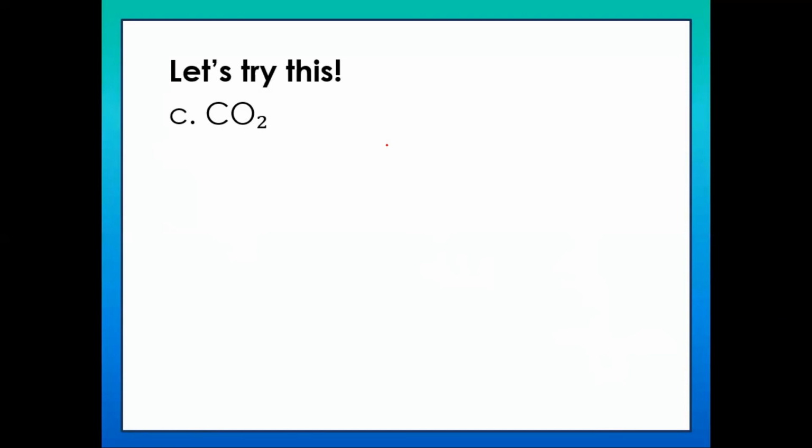Yun pa rin naman yun, hindi magbabago. And then, gagamitin pa rin natin yung natutunan natin when it comes to your polarity. So, we have carbon and oxygen.